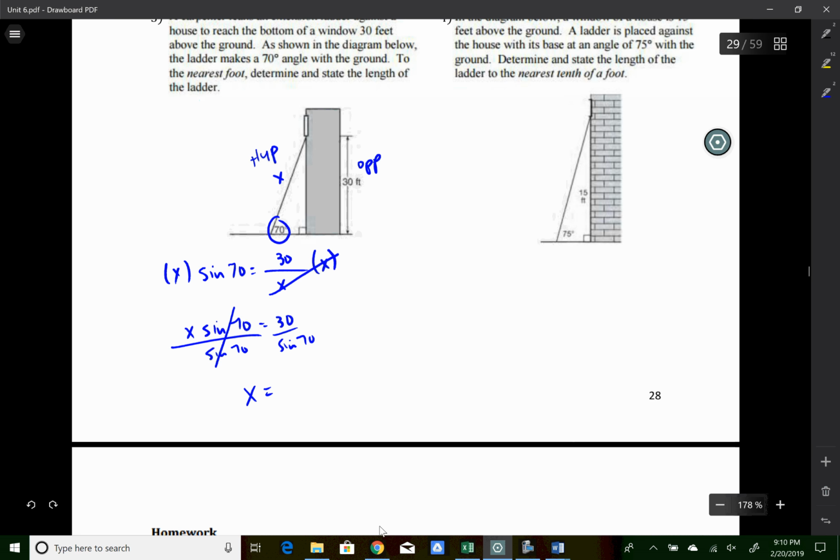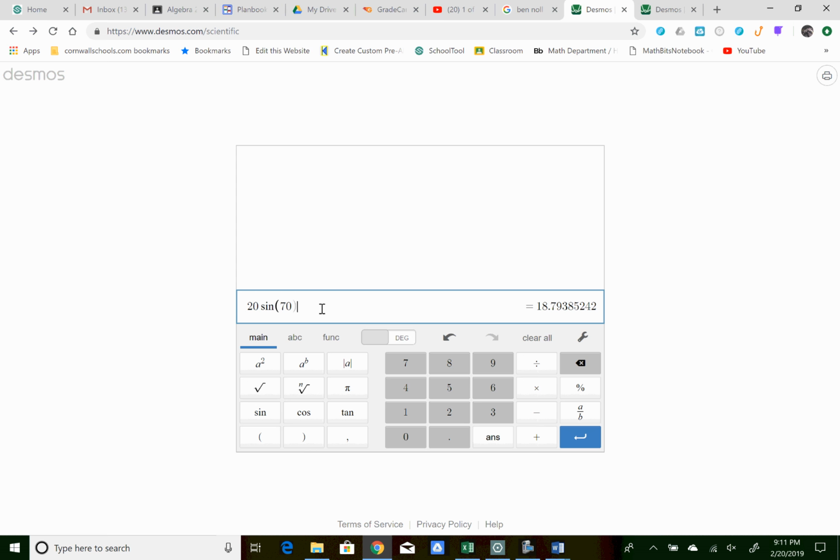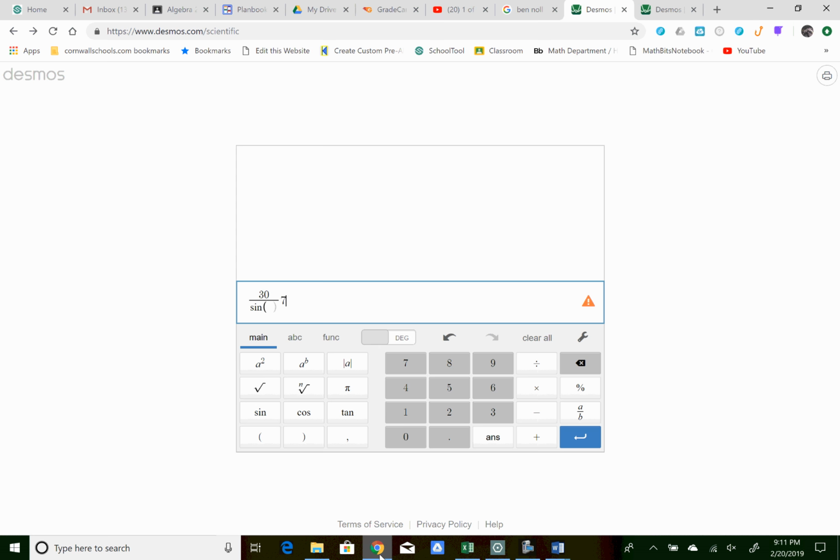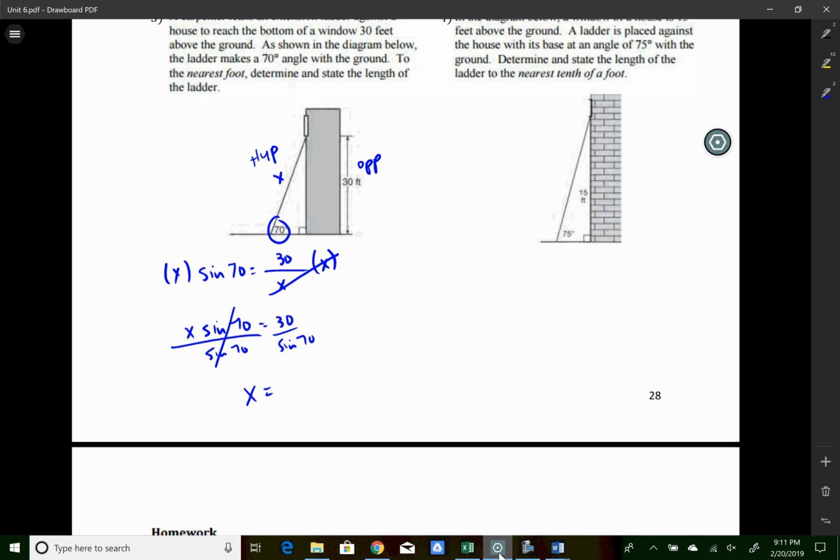Let's type that in our calculator: 30 divided by the sine of 70. And we get 31.9. Now this says round to the nearest foot, so 31.9 becomes 32 feet.